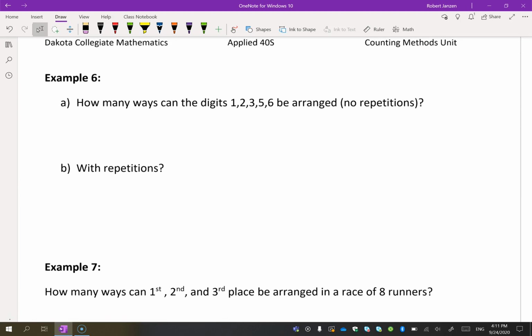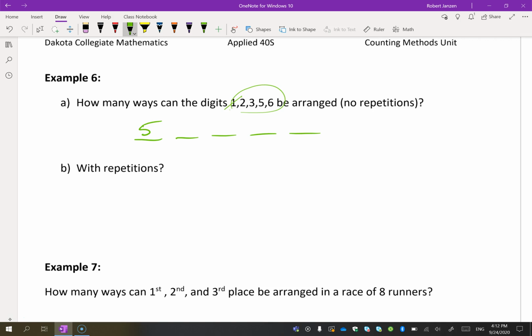Okay. A few more examples. How many ways can the digits 1, 2, 3, 5, 6 be arranged? Okay, so 5 digits. How many of those 5 digits could go in the first spot? Any of the 5. Okay, so then we've used one. Let's say we used the 1.